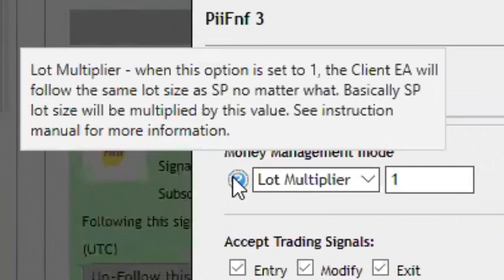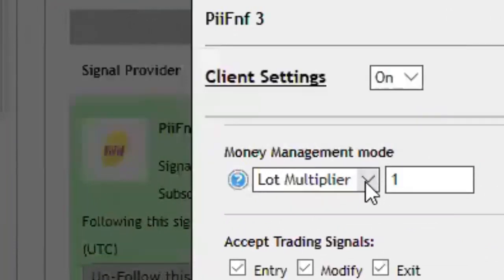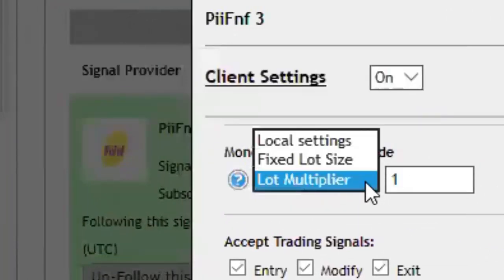Now the money management allows you to decide whether you want to copy the signal provider's trades under a fixed lot size or a lot multiplier.